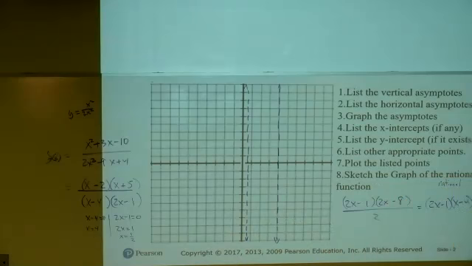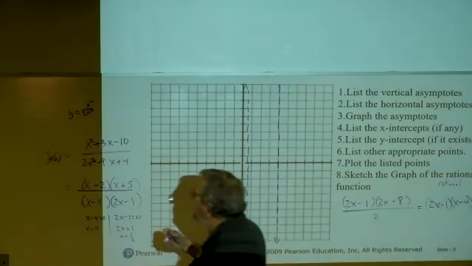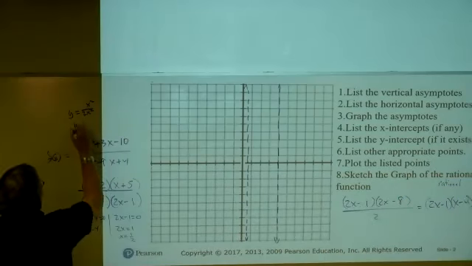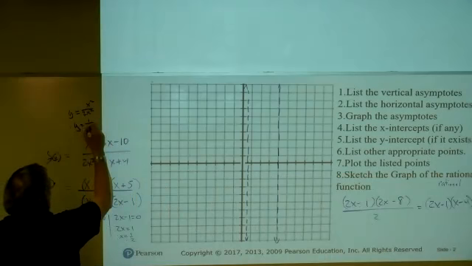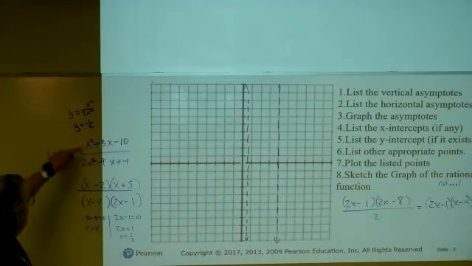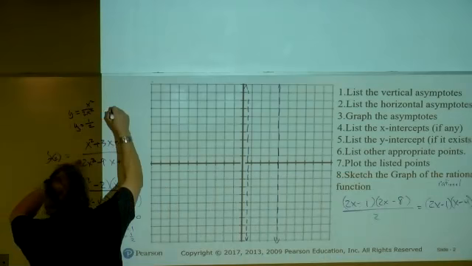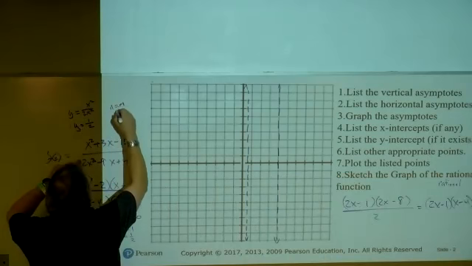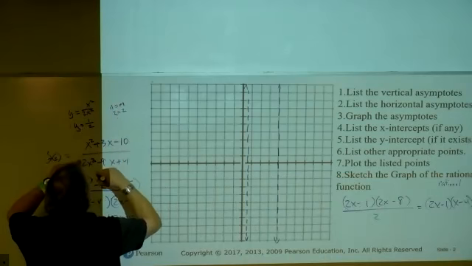If the degrees are the same, then it is y equals 1 over 2, the leading coefficients. 1 over 2.